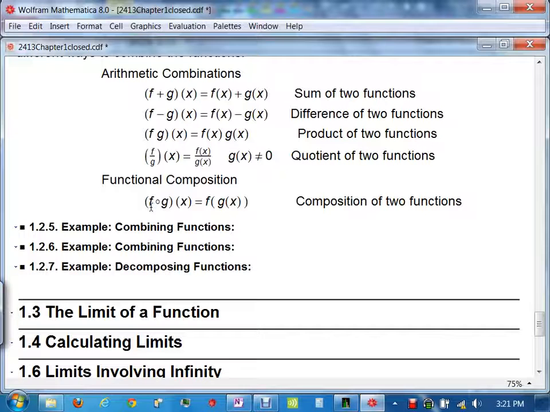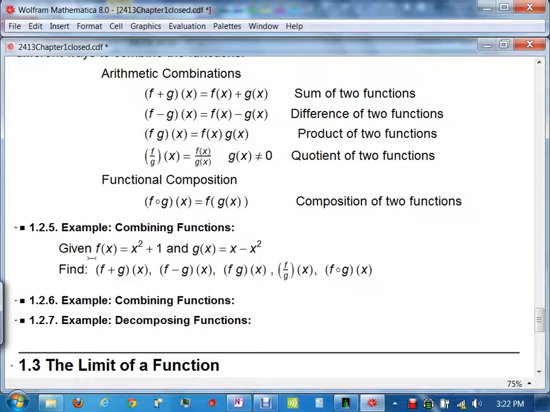So you can have f go into g or g go into f. Like in this one right here, which function is going into which function? G is going into f. What if I wanted it the other way around? It would be called gof. It would be g of f of x. Okay, so that's our operation.